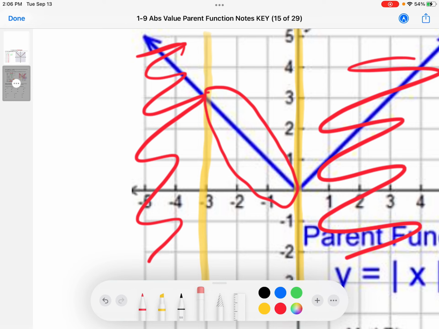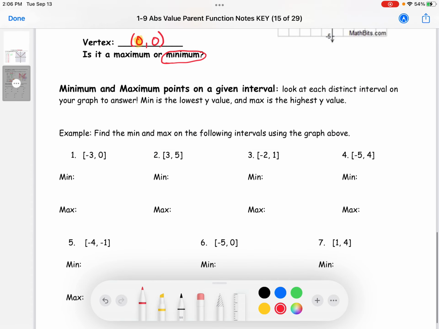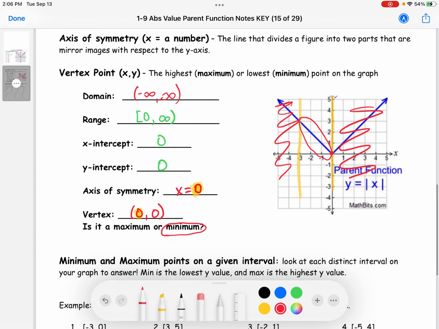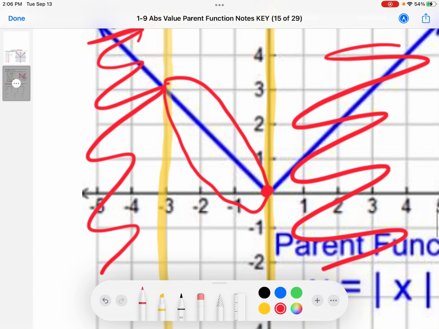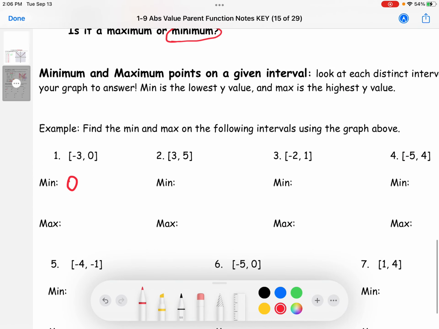The lowest y value is down here at the bottom. That y value is 0, so that's our minimum. Our maximum in between those two vertical lines is up here. The highest y value that we reach in that chunk is 3. So that's our minimum and maximum.